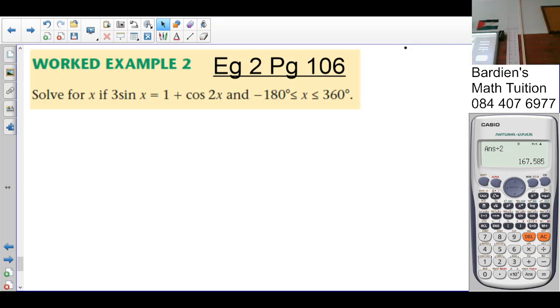So what are we going to do here? What should be done first?